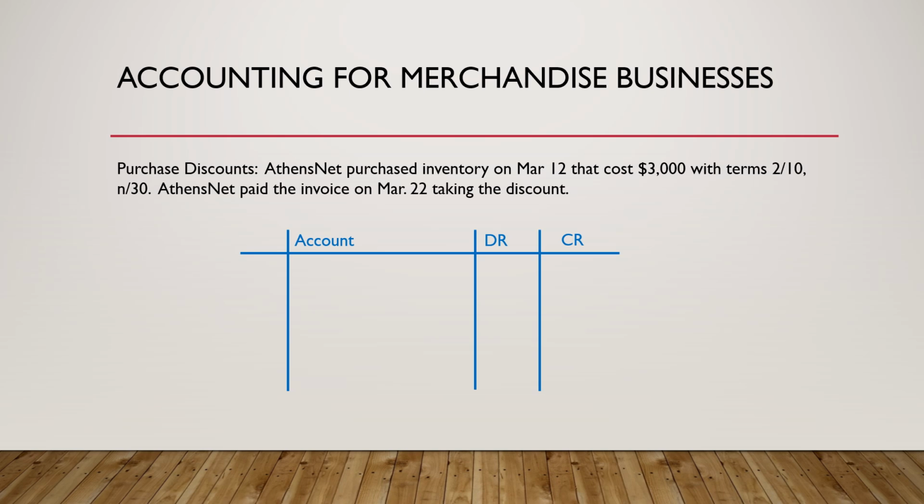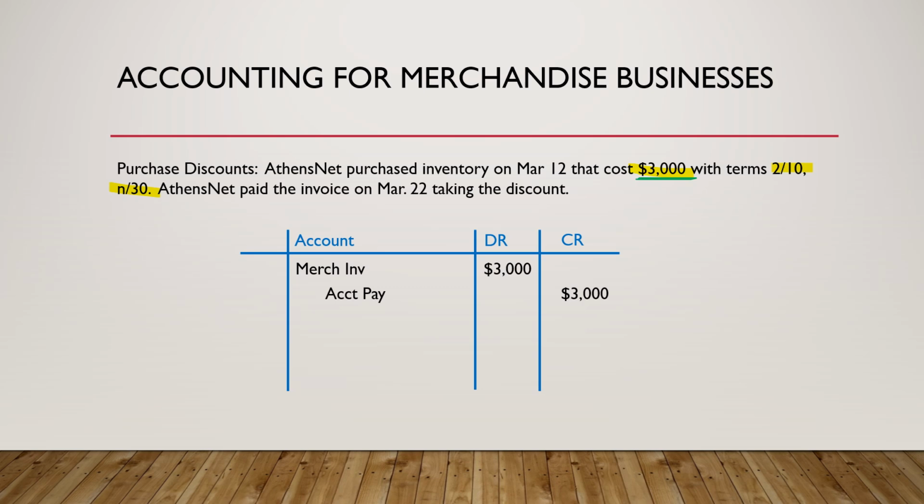Purchase discounts. AthensNet purchased inventory on March 12th that cost $3,000 with terms 2/10 net 30. AthensNet paid the invoice on March 22nd, taking the discount. For our initial purchase, debit merchandise inventory and credit accounts payable for $3,000.